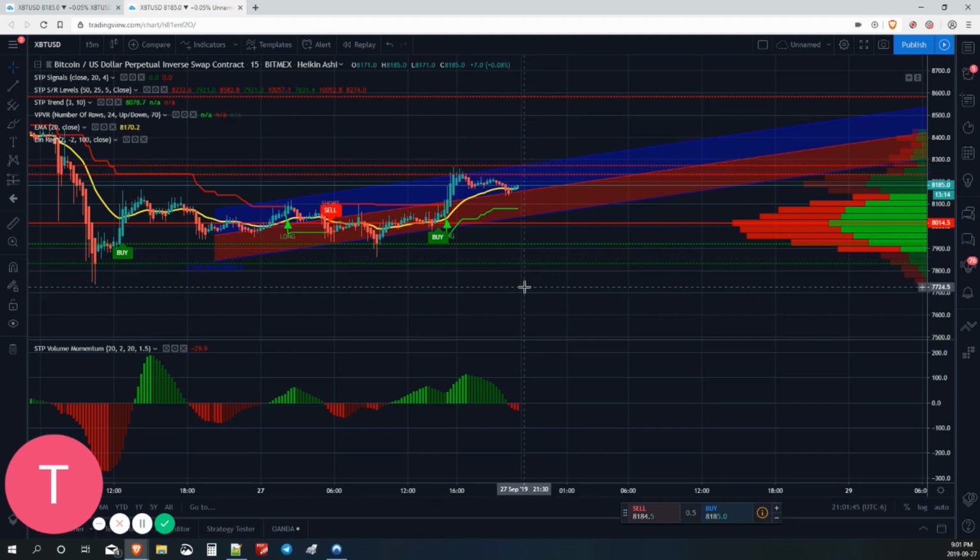So this is very helpful to know, because anytime it breaks out, whether upside or breaking down, it's also a good time to monitor for possible entries, right?